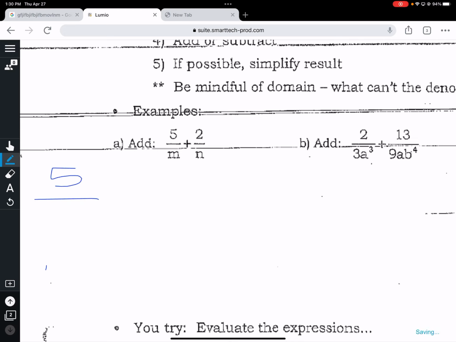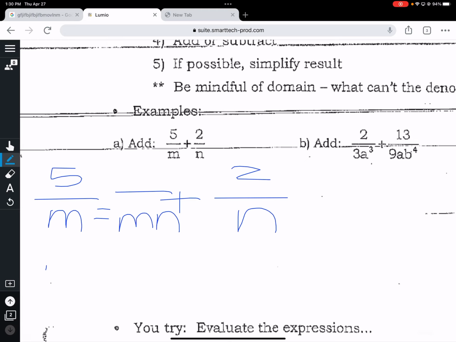So that means we're going to multiply. I'm going to write the first one out really simplified, and then spread it out a little bit. I won't probably spread each one out like this. What do I do to get mn? To go from m to mn, you multiply by what? n. So that means we're going to multiply 5 by n.